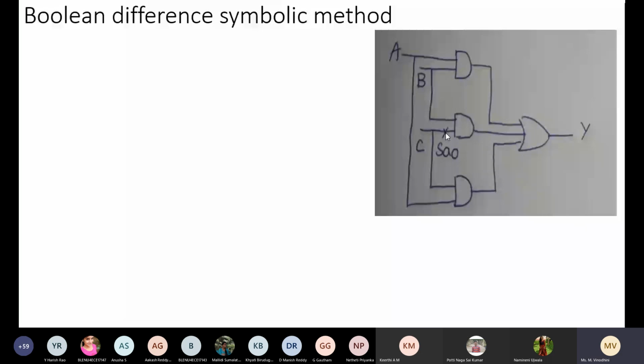Only this, the fault you take is at C. Don't take it in the fan out branch. Only change this fault, you take it here. Are you able to see? At the input C. Don't take it in the fan out branch, take it here.